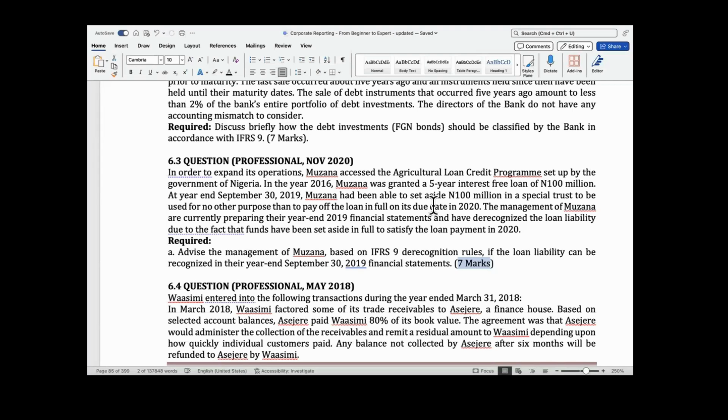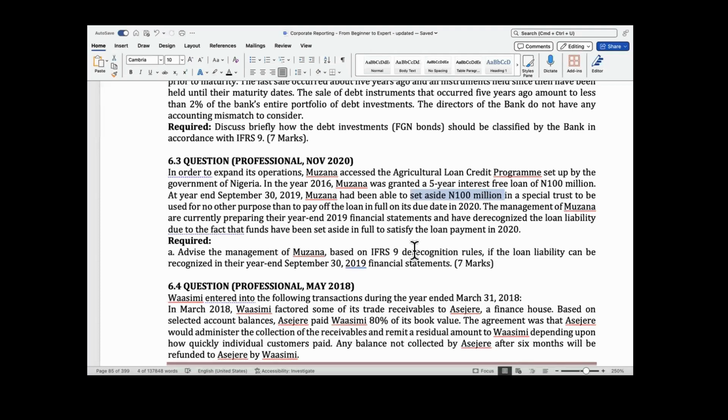Okay, so in this case now, has this loan liability been extinguished? Has it been cancelled? Has it expired? Has it been discharged? No, it hasn't. Yes, he has set money aside, but that does not mean an extinguishment. It does not mean that it has been discharged.